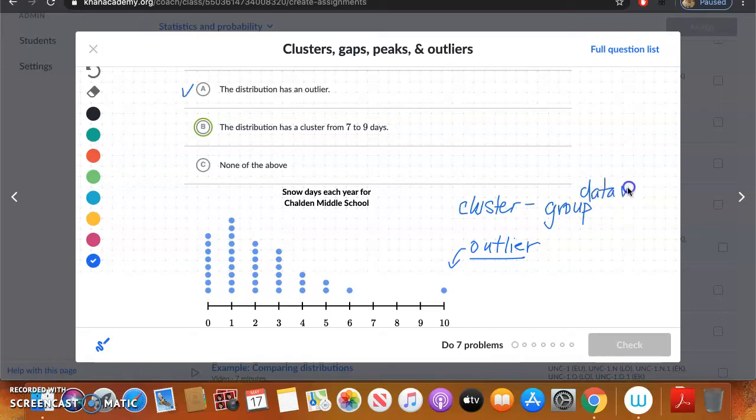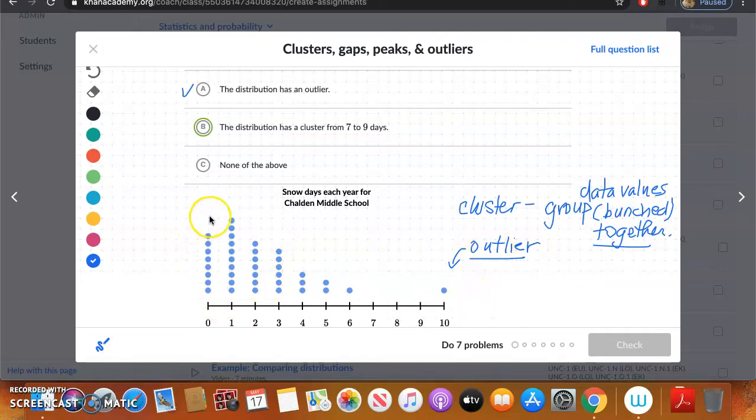Data values bunched together. They seem to be a little bunch. All right. So it's like a little mound, a little separate mound in the data set.